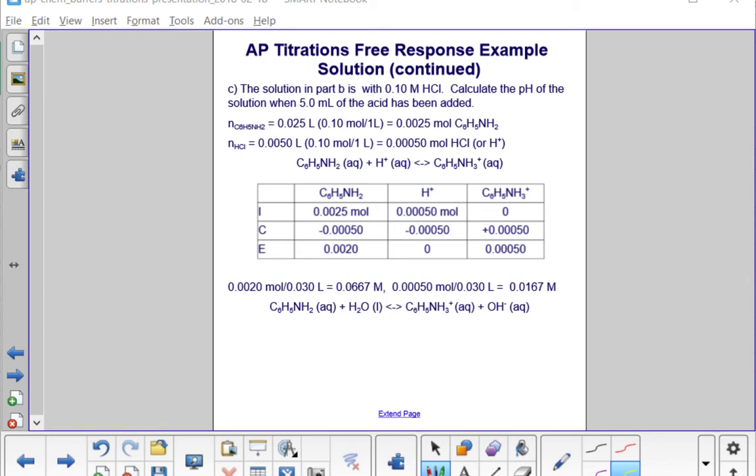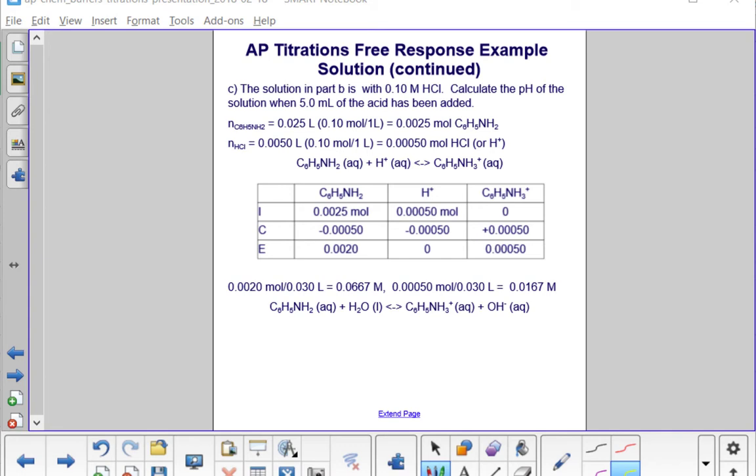So 0.025 liters of aniline times 0.1 molar aniline is 0.0025 moles of aniline. 0.005 liters of HCl times 0.1 molar HCl is 0.0005 moles of HCl, or H+.